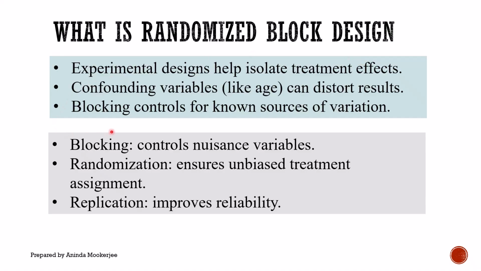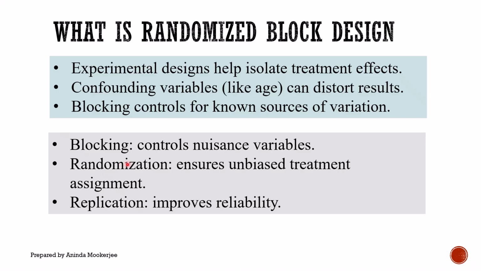So blocking controls for known sources of variation. So if we know beforehand that these factors can influence the results of our experiments, be it age or experience of the subjects or the age group of the subjects, then we will use the blocking method by that particular characteristic to conduct our experiment.